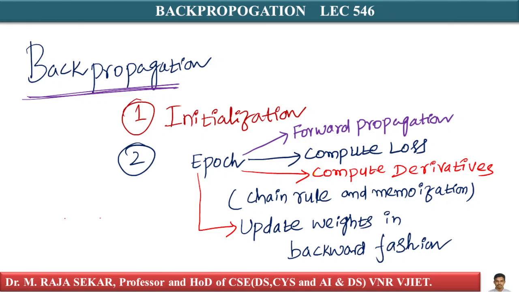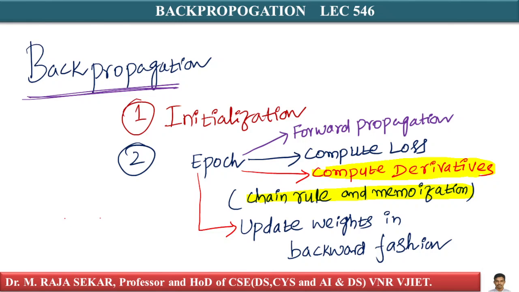We know initialization is one of the standard concepts in the whole of optimization. The most important part of backpropagation is chain rule and memoization, because the most important step is computing derivatives, and to compute derivatives we are using chain rule and memoization.